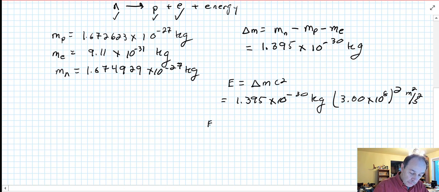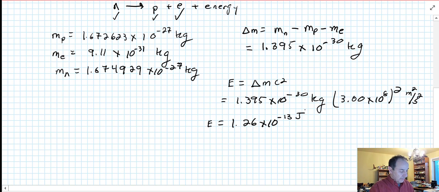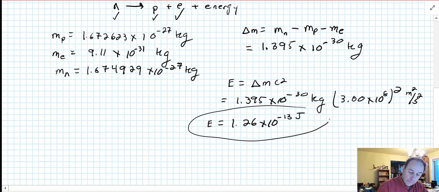So the amount of energy released is 1.26 times 10 to the minus 13 joules. Now, that's the amount of energy released in that reaction.